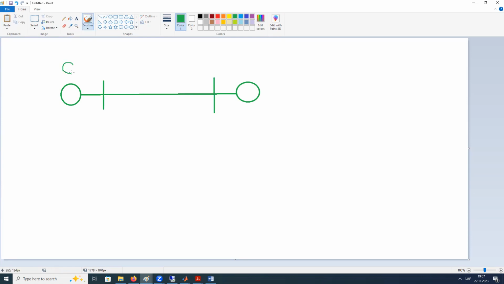This is generator 1. This is generator number 2. This is the transmission line, and here we have load 1, and here we have load 2. What is the idea? For example, this generator can produce 100. This one can produce 50.